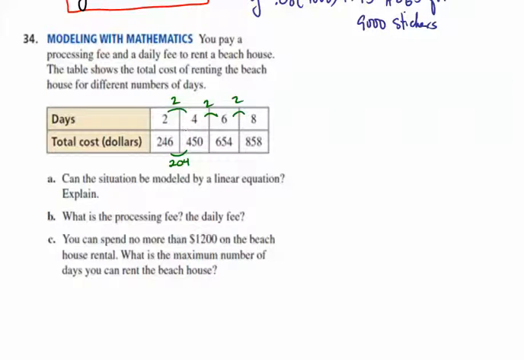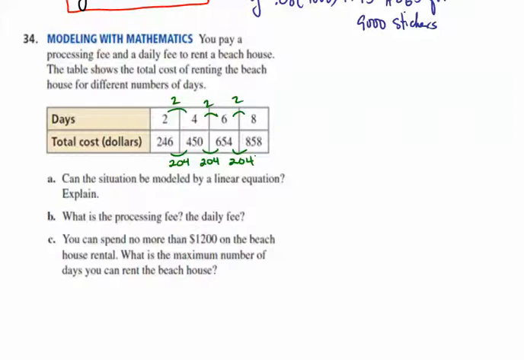Between 450 and 654, we have $204. Between 654 and 858, we have $204.